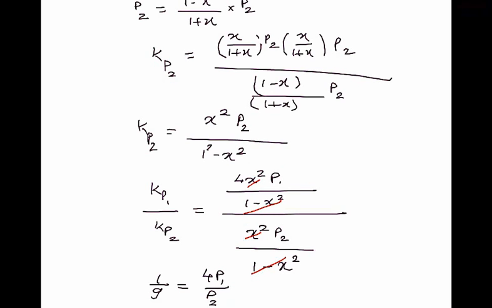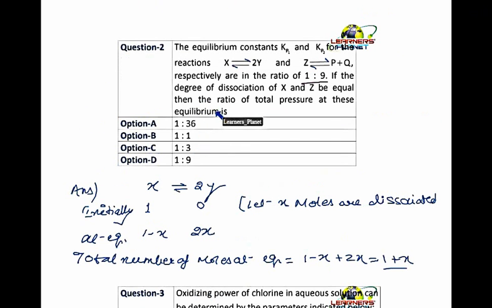So 4P1 by P2 is equal to 1 by 9, or the ratio of P1 by P2 will be equal to 1 by 36. Right? So this is your answer.